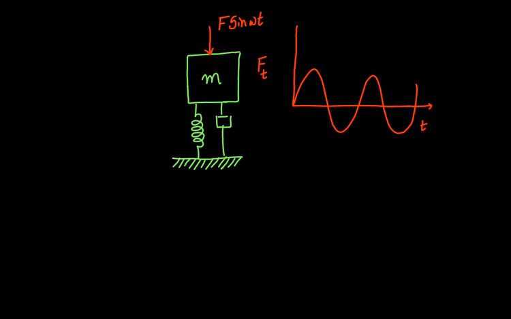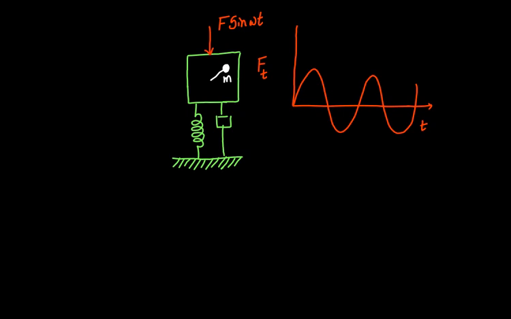You may ask me this question: what is the type of force that actually varies in a sinusoidal manner? I can give an example. Say, for example, in this particular system, there is an eccentric rotating mass, and say that the magnitude of the eccentric rotating mass is m.